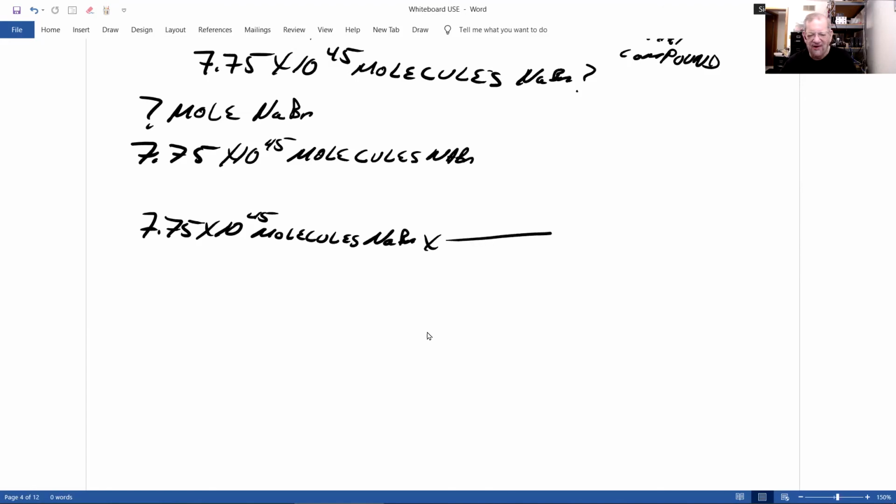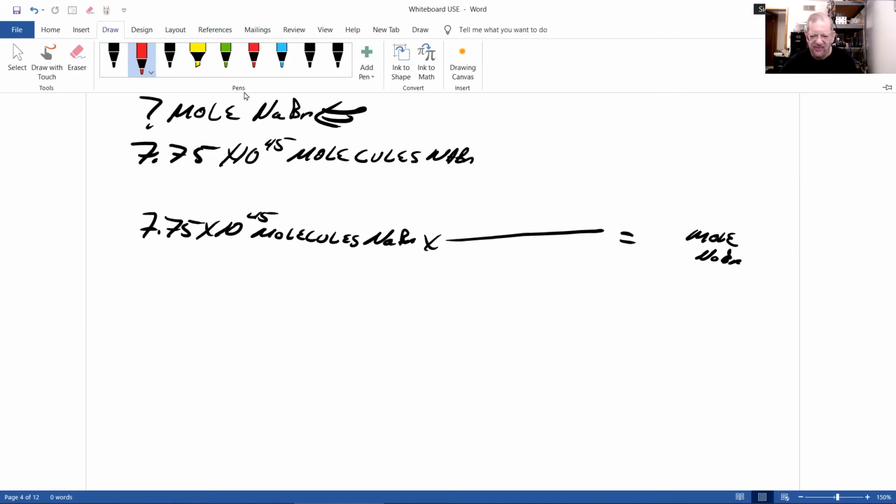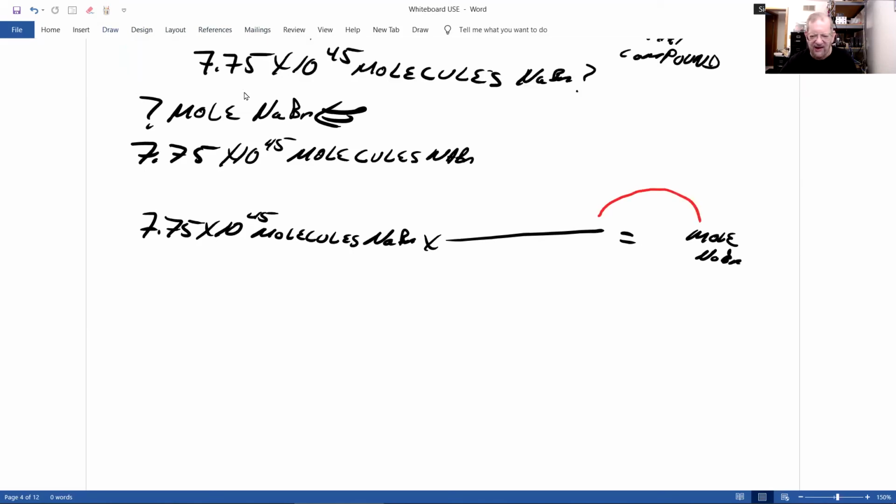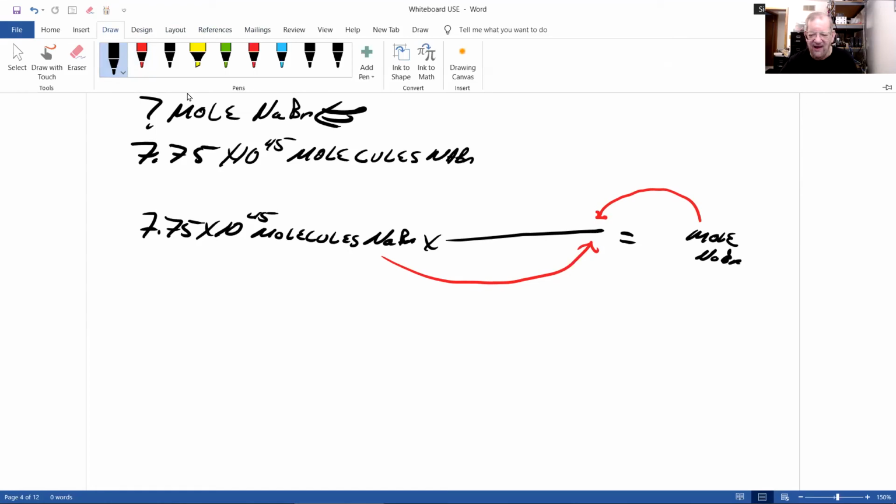I have one ratio. What do I want my units to be? Right here. Moles of sodium bromide. And unit analysis teaches us that whatever you're trying to get to goes on top of the ratio. Whatever I'm trying to get rid of goes underneath. And now I'll write that in.